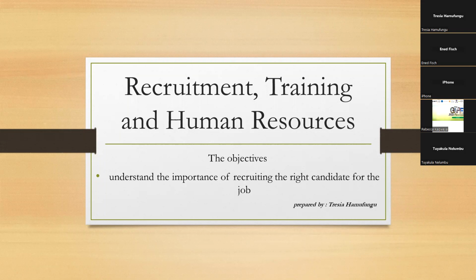So I would like us to start with our yesterday topic, which was about the role of employer associations. Can someone tell me why would employers form an association?